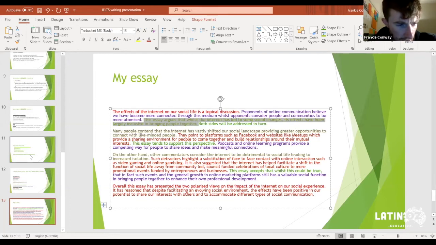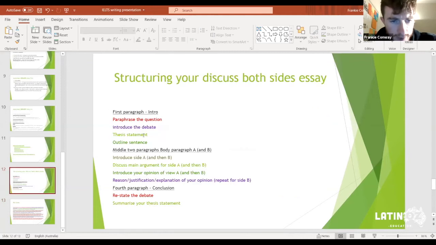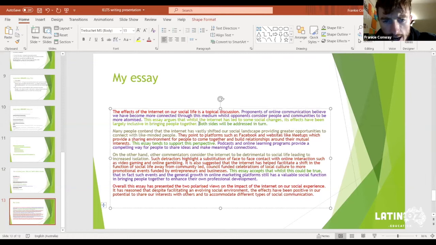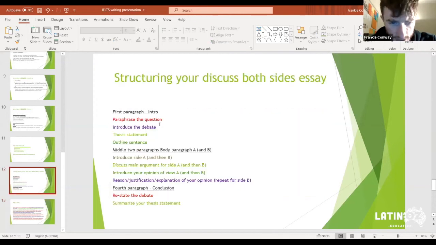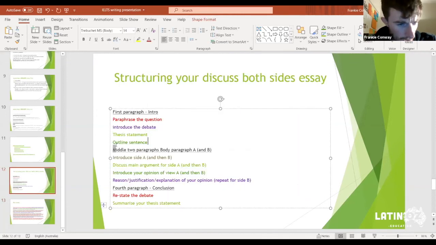So at that point, I have given my thesis statement. Then the outline sentence: both sides will be addressed in turn. That simply means one side will be discussed first, then the other one after. And that is our outline sentence.